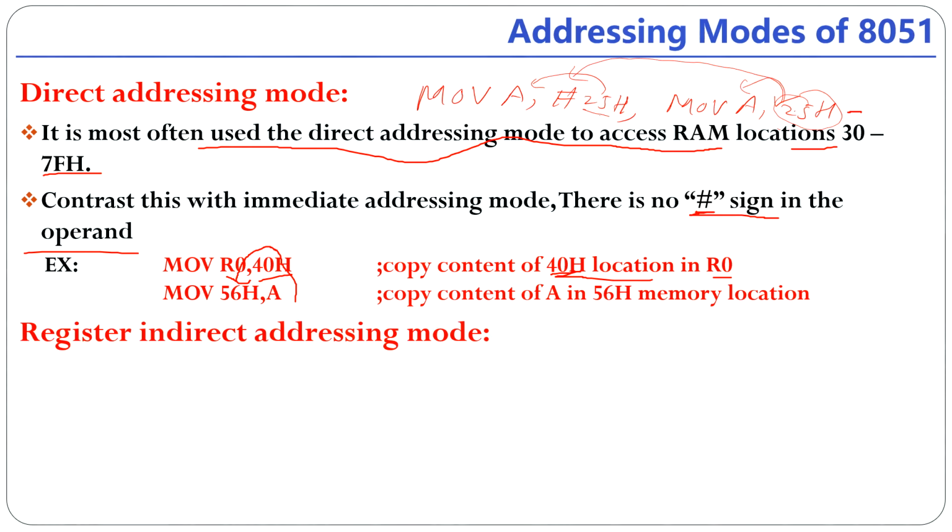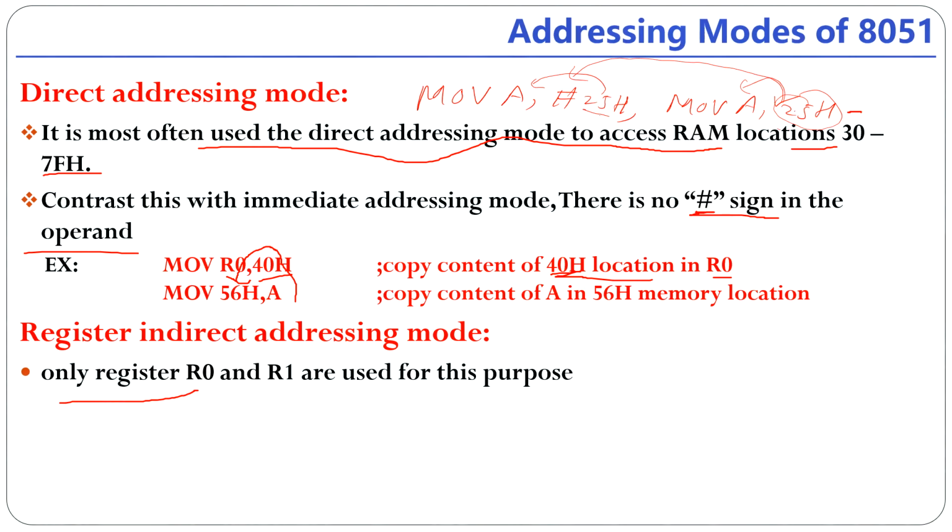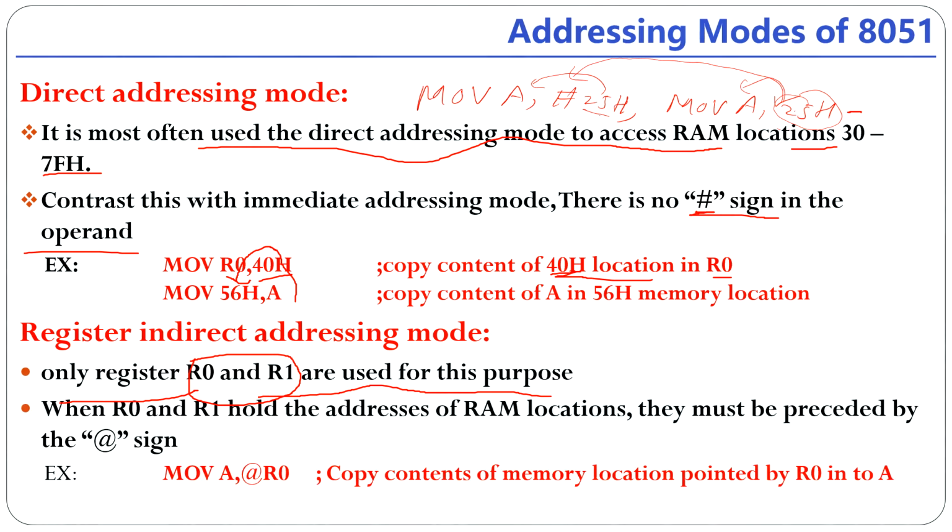Now we can take another thing, register indirect addressing mode, right? You see here, only registers R0 and R1 are used for this purpose. Remember, only two registers we are using here for indirect addressing mode.